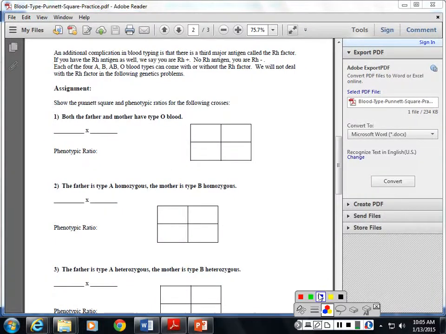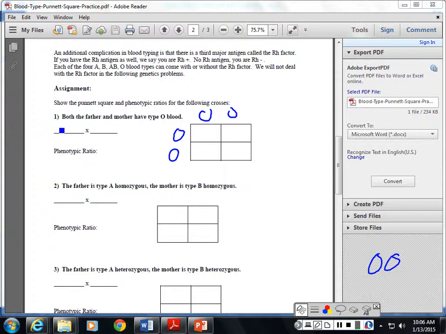All right? So what we've been told here is we've got a mother and a father that both have type O blood. Well, I already told you the only way you can have O blood is if you have OO, right? So you can't have AO or BO or AB. You just have to have 2 recessive genes for O. So if both your mother and your father have O, then we know that Dad's OO, Mom's OO.